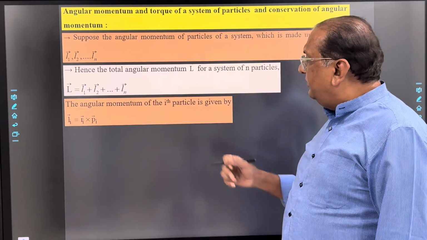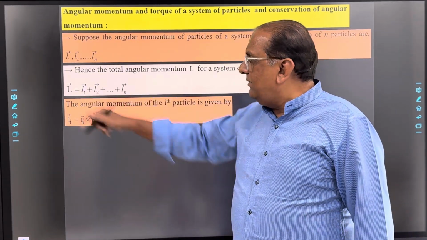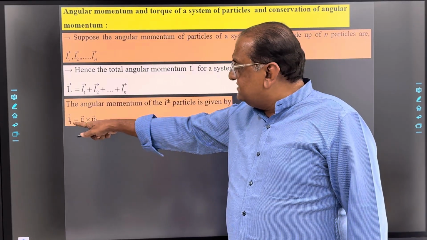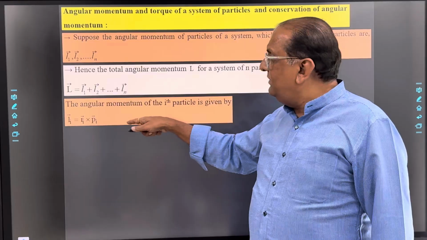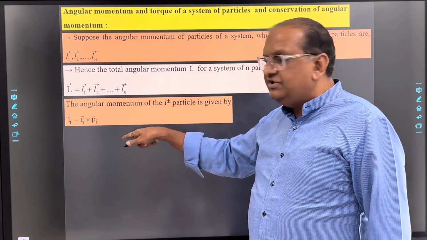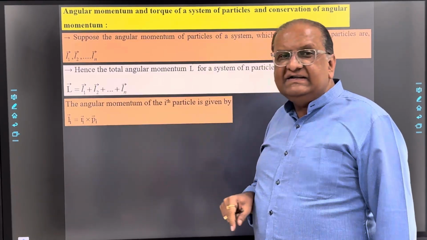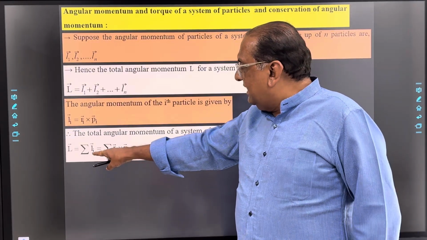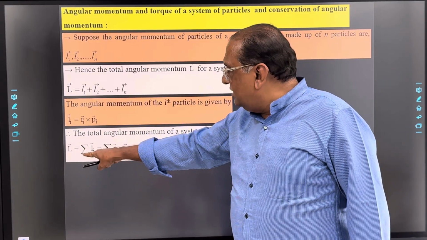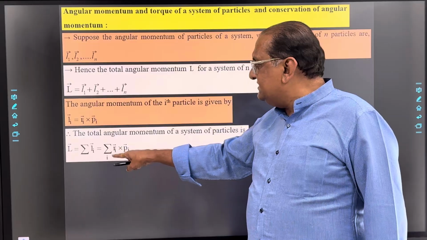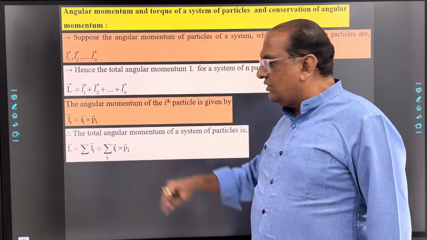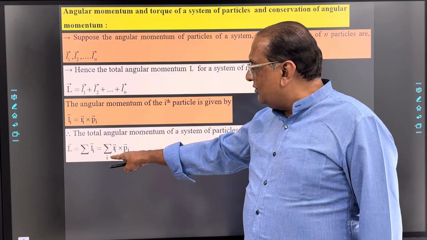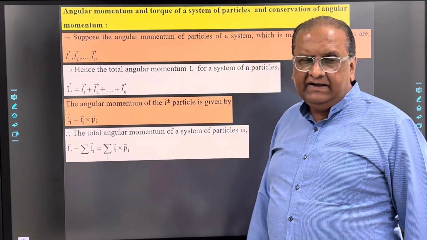Now the total angular momentum of a system of particles is the summation of angular momenta of each and every constituent particle. So we can write this equation in the form of sigma: L equal to sigma Li, that is sigma Ri cross Pi, where we take i equal to 1 to n.